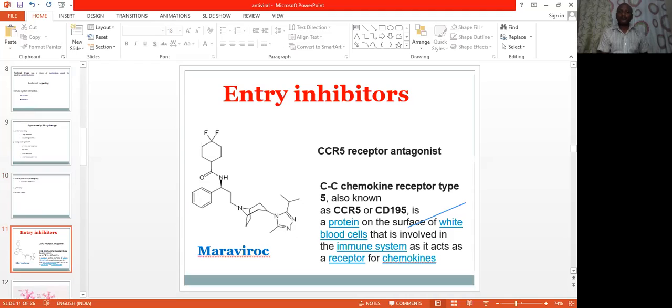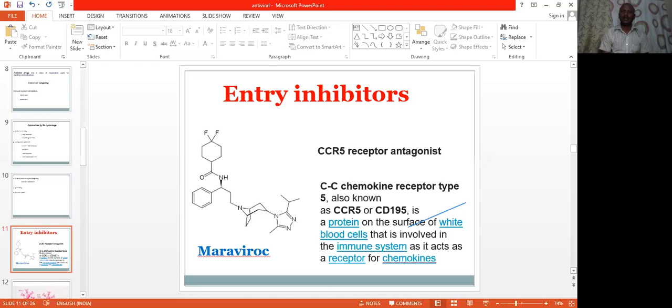Entry inhibitors are also called CCR5 receptor antagonists. The CCR5 receptor is a co-receptor, and this receptor helps the virus particle to diffuse into the host cell. Without this CCR5 receptor, the virus particle cannot diffuse into the host cell.